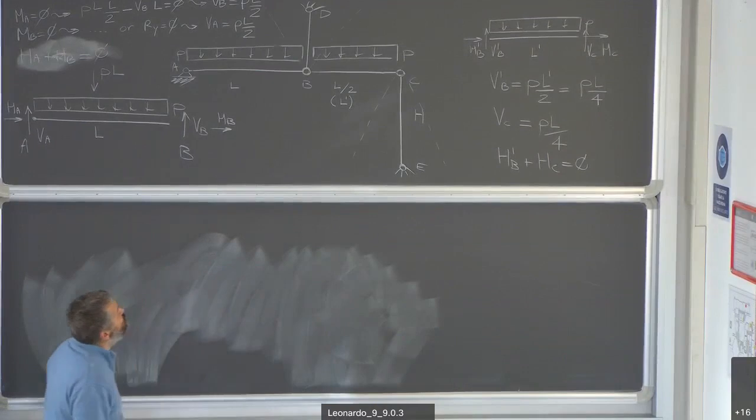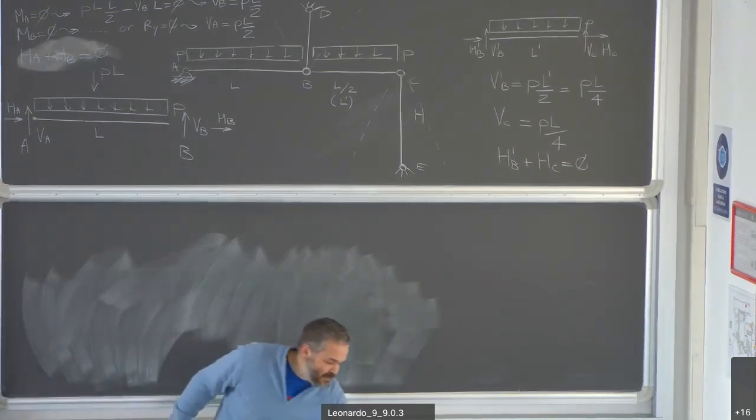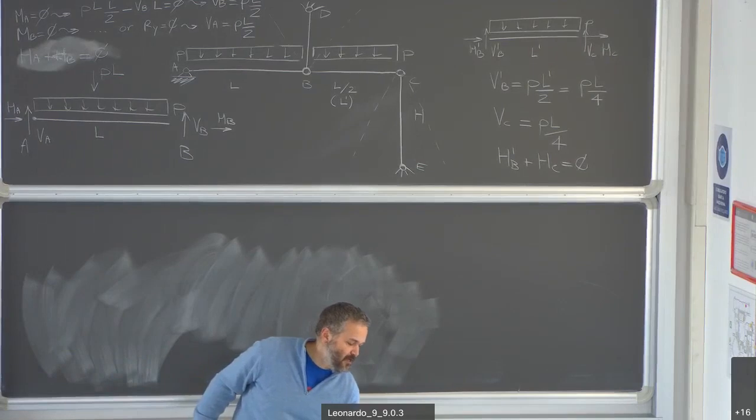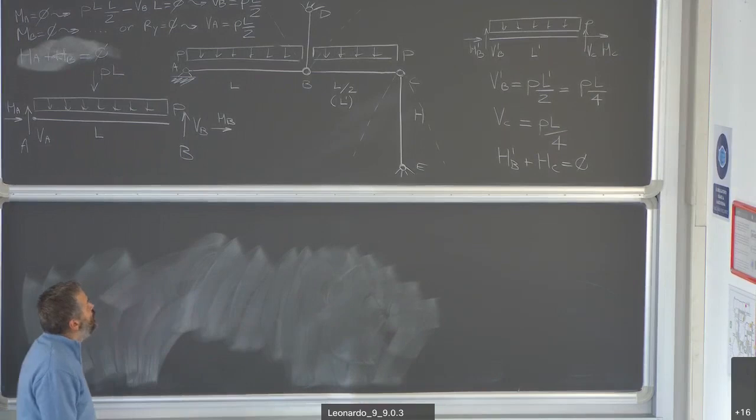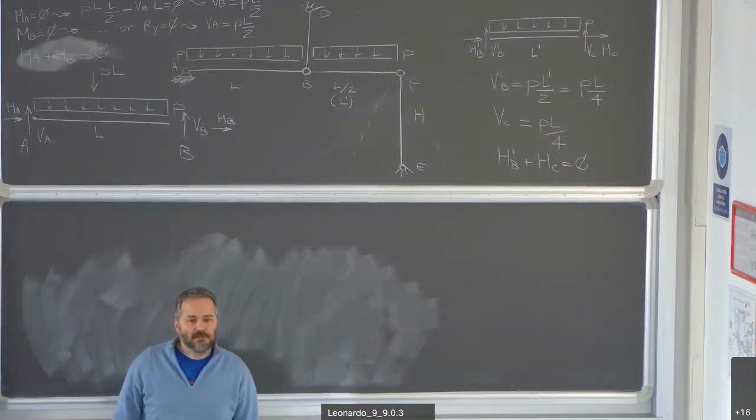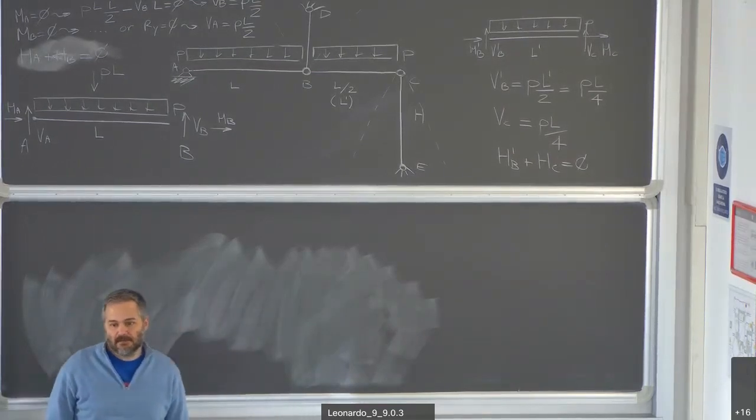Okay, before I go into the internal forces diagrams, let's have a look at the vertical members, okay? A wise choice when you have these type of structures is always looking at how the members look like.